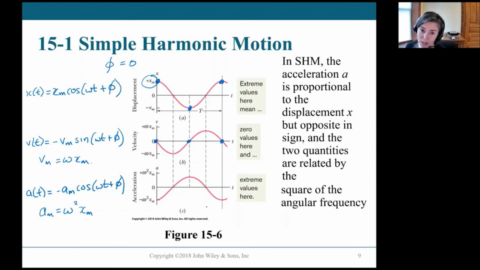Then in the final graph, those same points correspond to maximum values of acceleration. This also makes sense. When the mass is at its furthest position from equilibrium, it's the most stretched. Thinking of F equals negative kx, that means there's the most force, so there's the most acceleration for that mass.